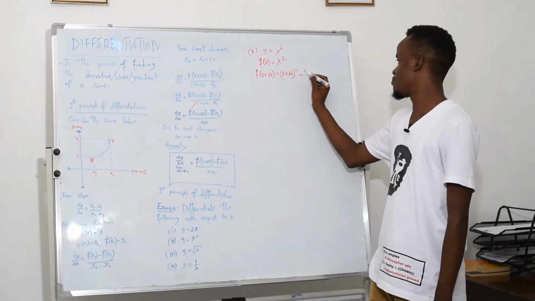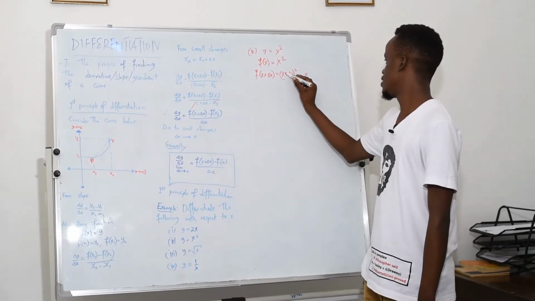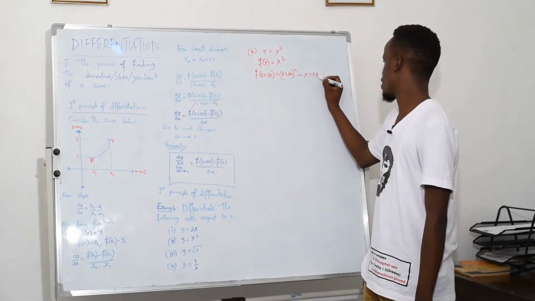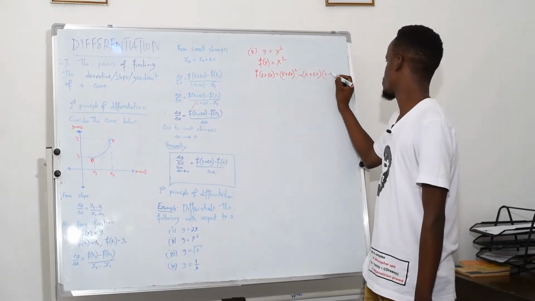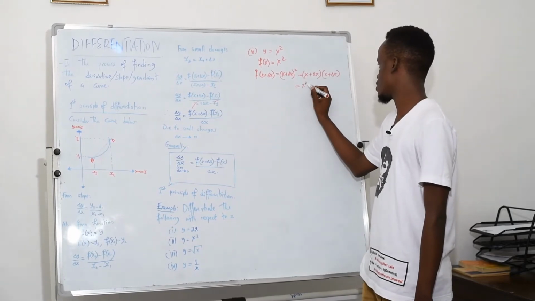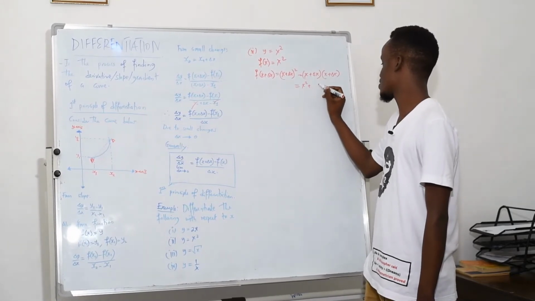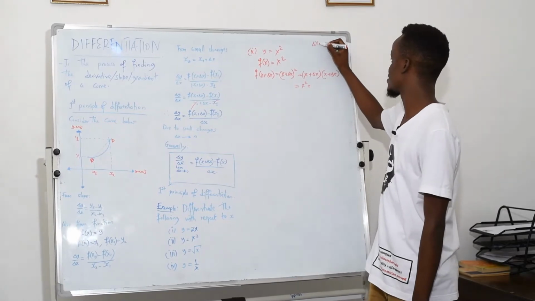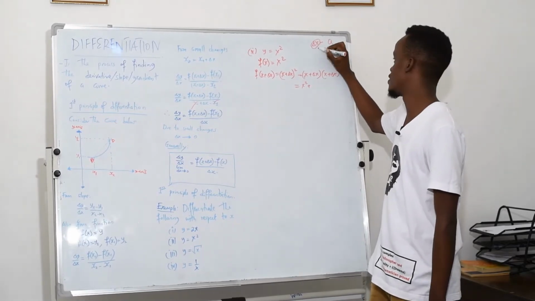You can open the bracket to expand it as x plus change in x, bracket, times x plus change in x, bracket. You multiply x and x, which gives x squared, then x and change in x. Because change in x is, as you say, a, this is a single term.